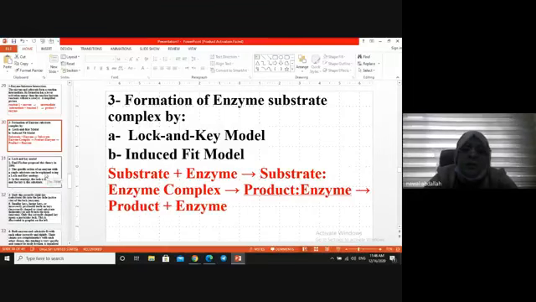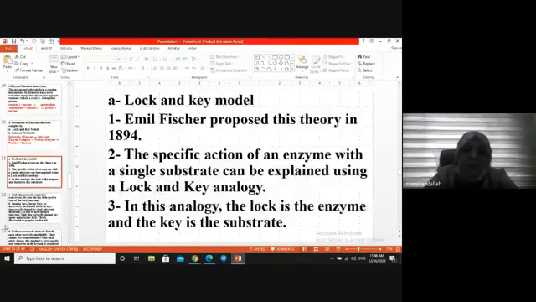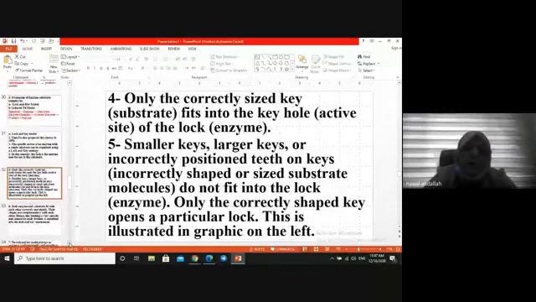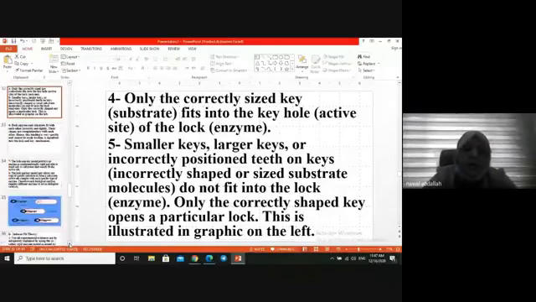The lock and key model is specific and rigid, a tightly binding model between the key and the lock. An incorrectly big or small key cannot be used with the lock, so it cannot be done by this model.